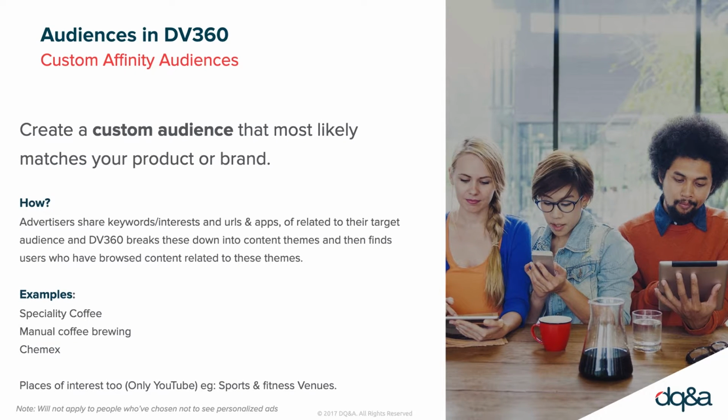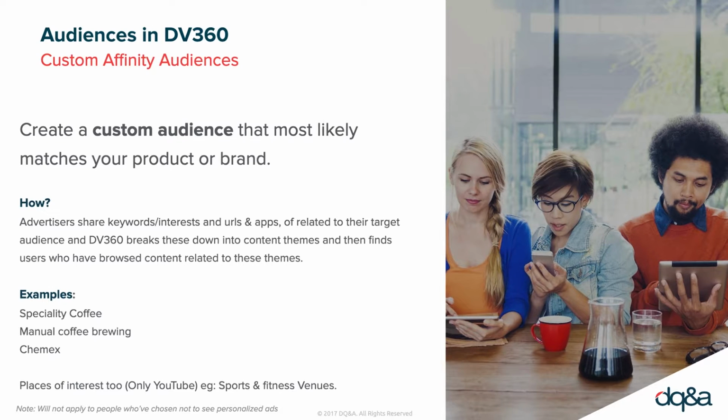So now that we've explored the pre-built Google audiences that will fit with your marketing message, let's explore how you can leverage custom affinities to create a more bespoke targeting segment. You can use detail learned from your audience brainstorming or your subsequent audience analysis, that I'll get into in a few moments, to help you develop custom affinities. You can do this by sharing keywords or interest URLs and apps that relate to your audience.